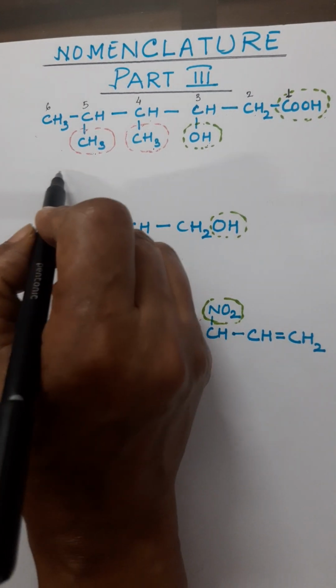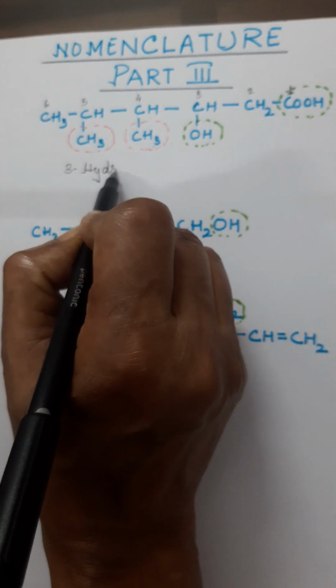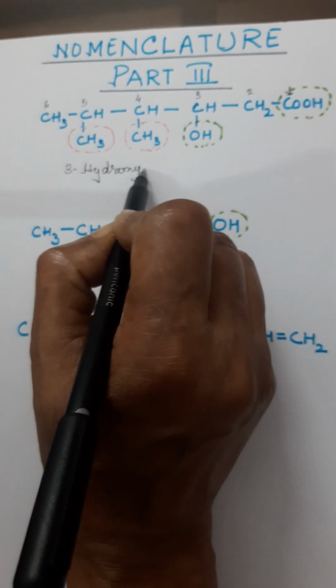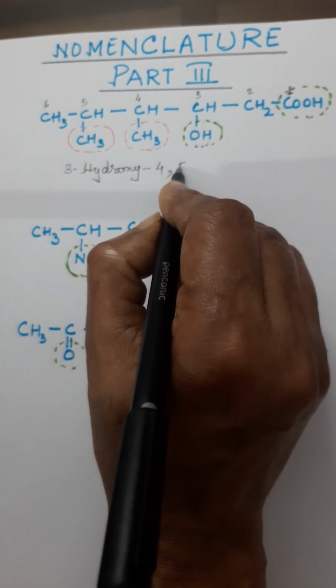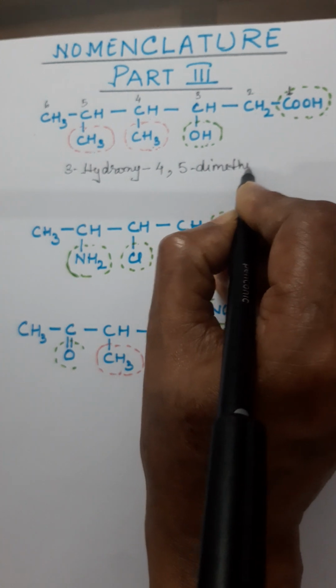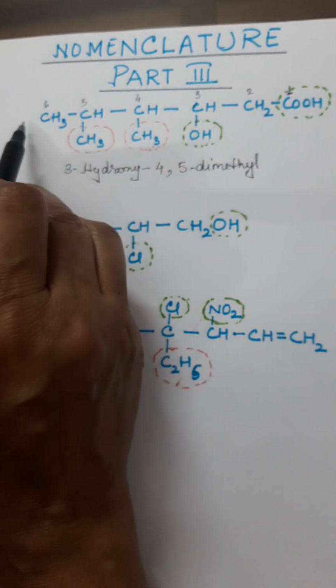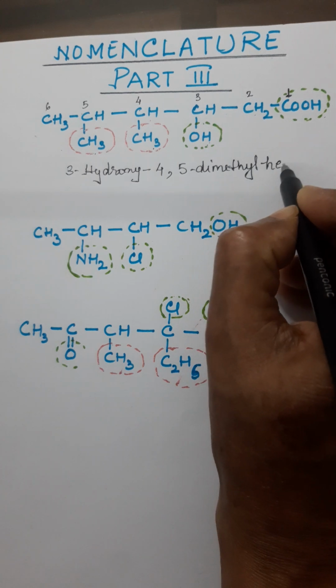So we will write 3-hydroxy, then 4,5 dimethyl, and then see the root word, there are 6 carbons, so it is hex.